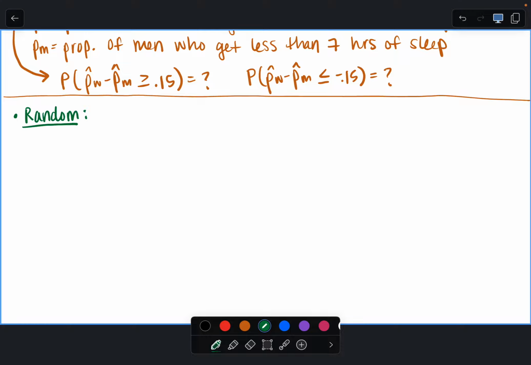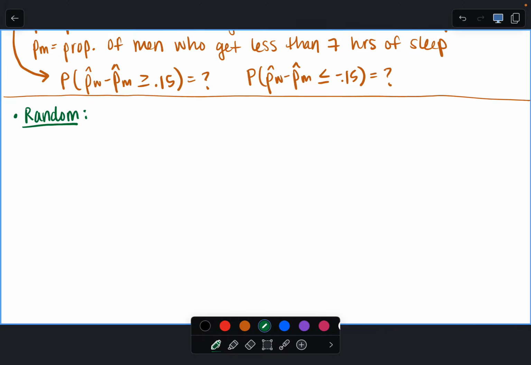So say you did everything and you got to the end and you're like, oh man, I was supposed to check conditions, I forgot to do it, and you write it off to the side, but they're all there. They will give you credit on the AP exam. They don't care that you checked them at the very beginning. They just want it on your paper that you verified it was true. And so as long as it is there, they will read it. So if you forget, don't say, I don't want to erase everything, I'm just going to not do it. Write it off to the side. It will still get full credit.